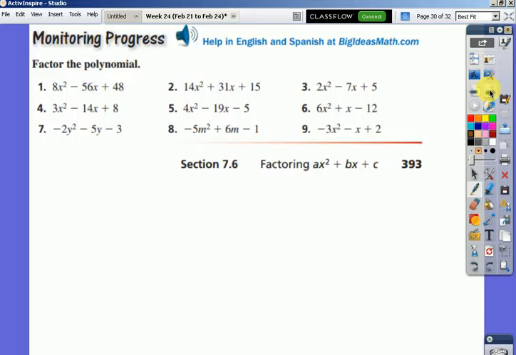You could do the factoring by grouping method. Whatever method so far that you like the best, stick with that method. Any method you like. Which method do you like?